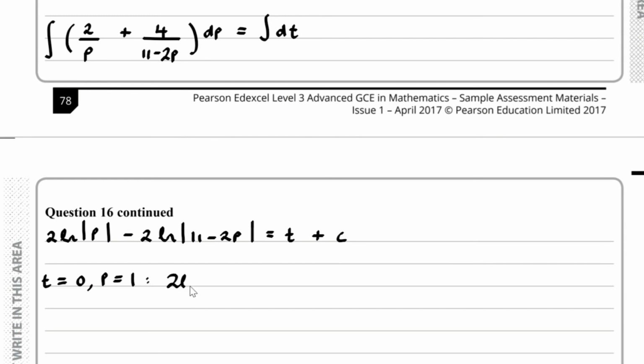So I've got 2 times by the natural log of 1 minus 2 times by the natural log of 11 minus 2, which is 9, and this is equal to 0 plus c. So therefore, c is equal to minus 2 times by the natural log of 9, because the natural log of 1 is 0.